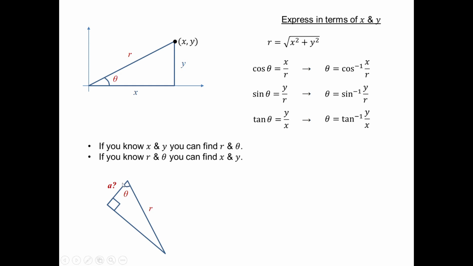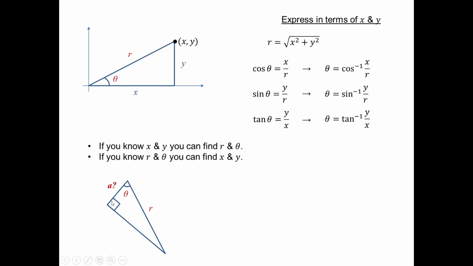And you're going to imagine that maybe I know this angle theta, and I know this hypotenuse r, and I would like to know what the length of side A is in terms of r and theta. So if I know what r is, maybe r is 4 meters, and theta is 60 degrees or something like that, how do I find out what A is?